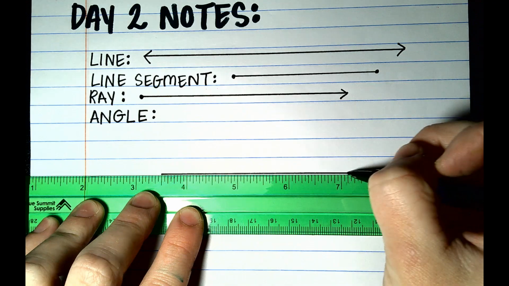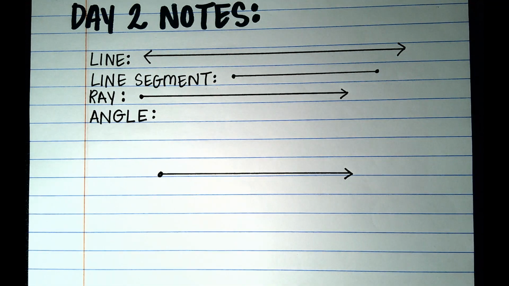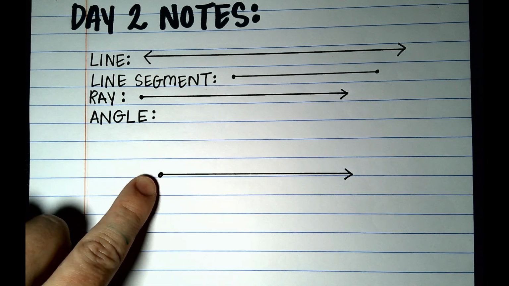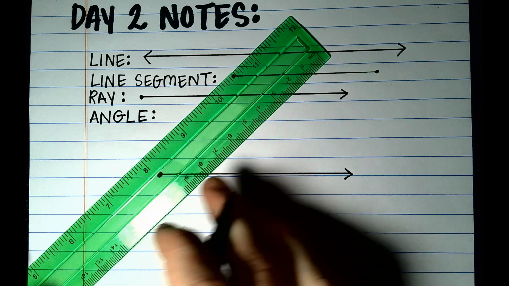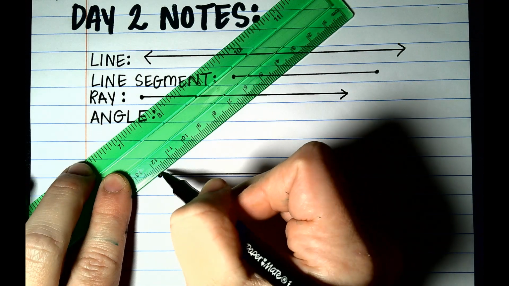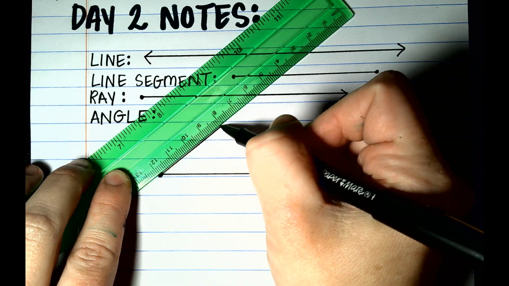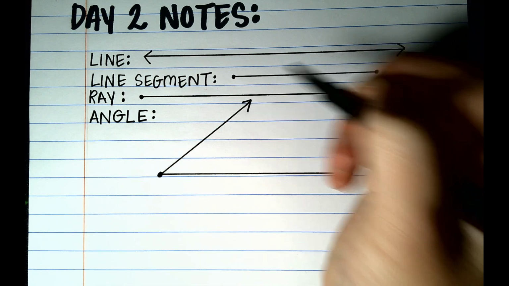And I'm going to start with a ray. From the beginning point right here of this ray, I am going to put my ruler right over that dot, and I'm going to draw another ray coming off of that same point.